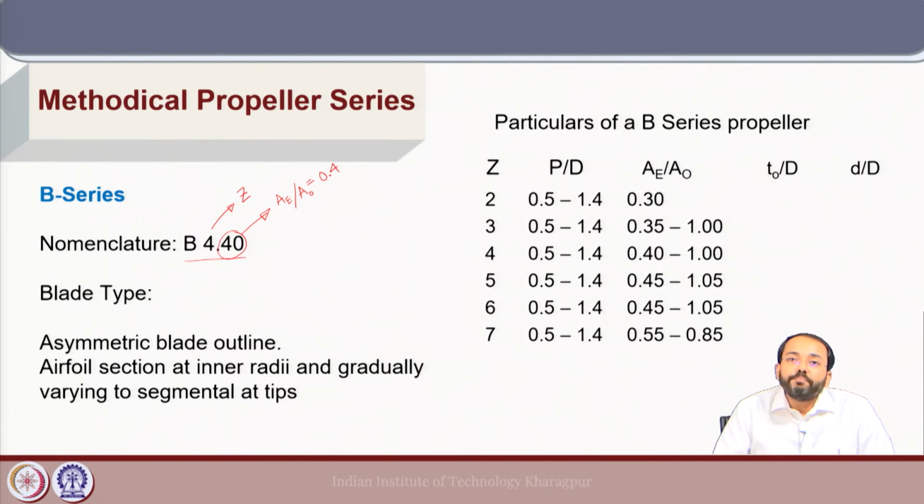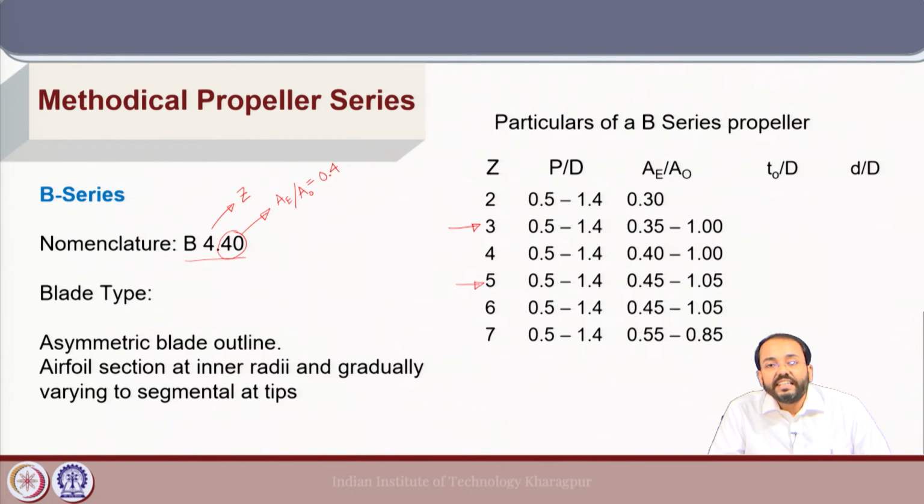Now, AE by A0, the expanded blade area ratio, is used in denoting the B series propeller area, and for these different kinds of blade numbers, the AE by A0 ranges are shown for each case. Let us take two cases, number of blades 3 and number of blades 5.